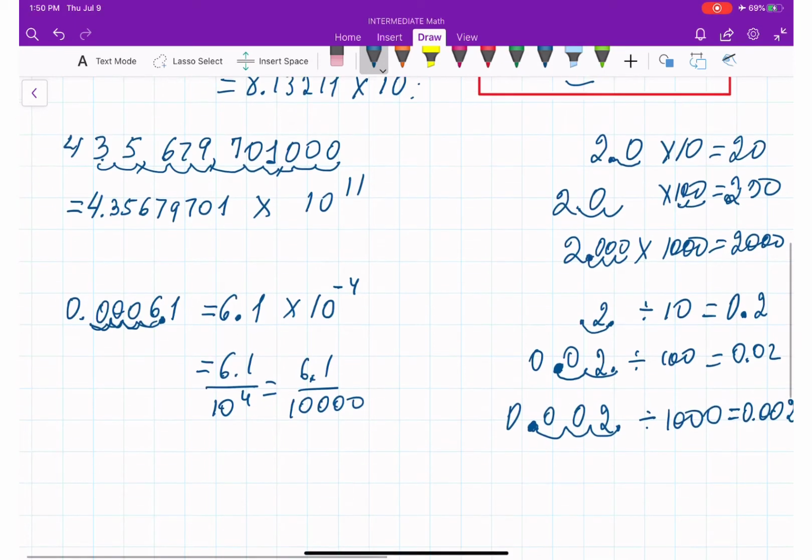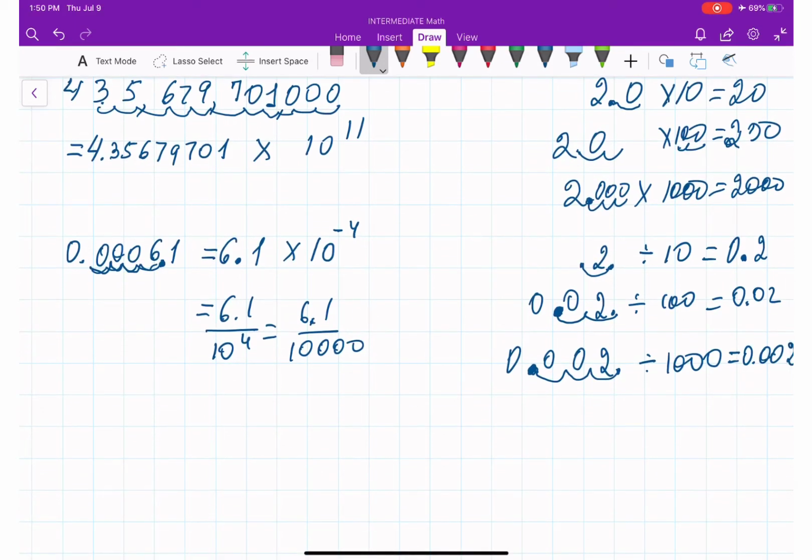Okay, one more example like that. 0.0346781. Let me represent it in scientific notation.